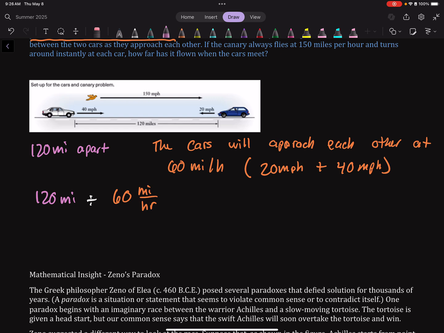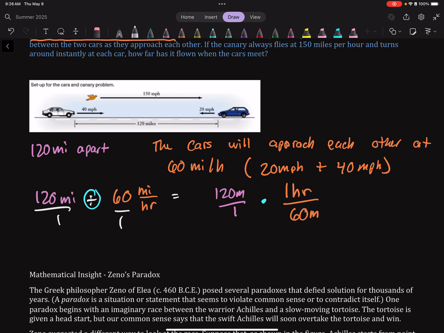So we keep the first one exactly the way it looks. That's 120 miles over 1. Remember, there's a 1 under everything, so we just keep it as a placeholder. We change the symbol in the middle to multiplication, and we flip the second one. So that'll be 1 hour over 60 miles.